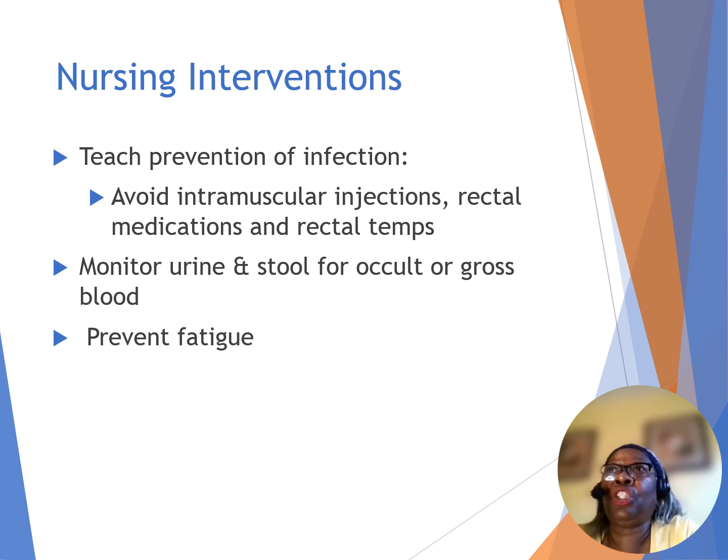Aspirin is an anti-platelet, anticoagulant medication, which will prevent blood from clotting. They already have decreased platelets due to bone marrow depression as well. Okay, so we don't want them bleeding.